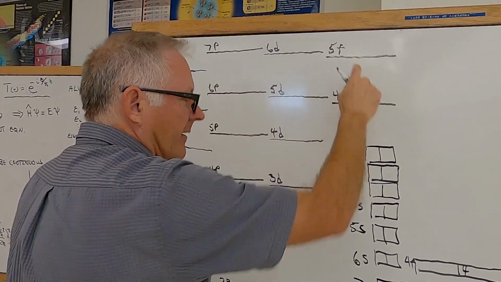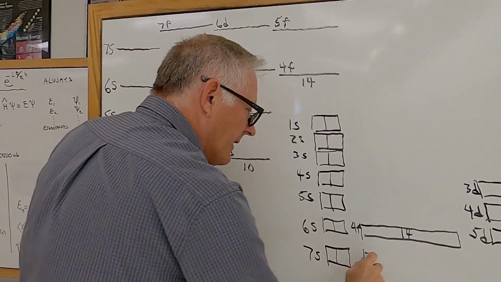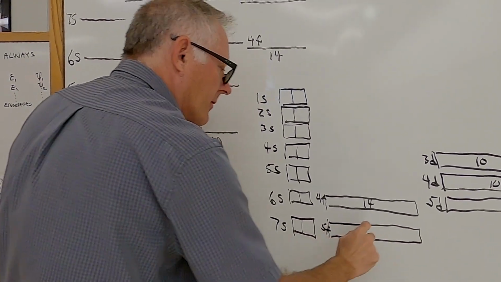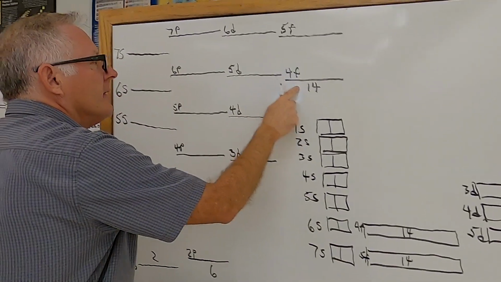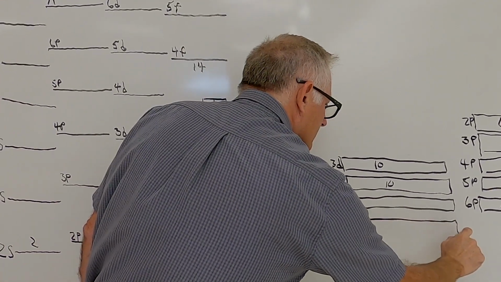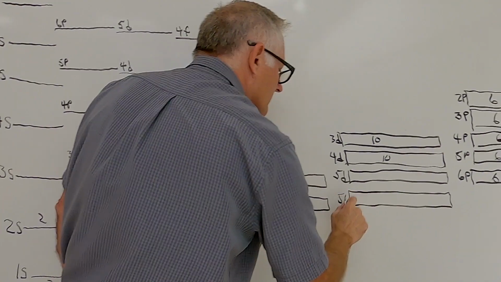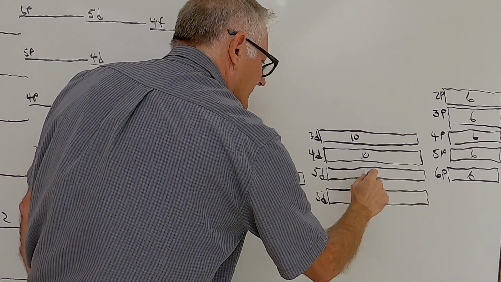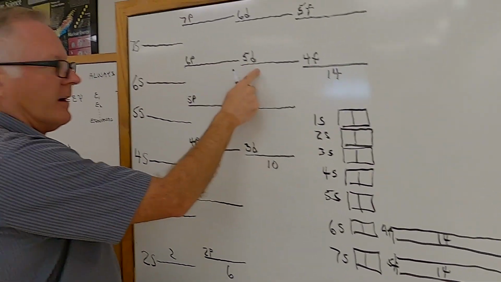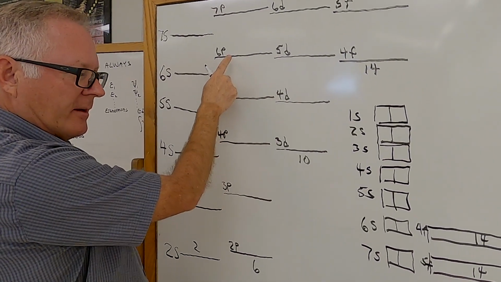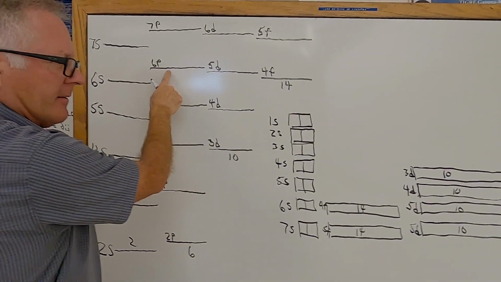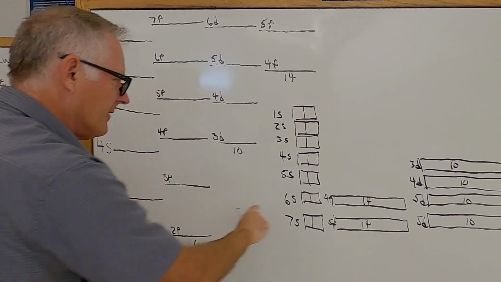Then 5f, which would be right here, 14 of them. Sorry, let me just get where we're at right here.